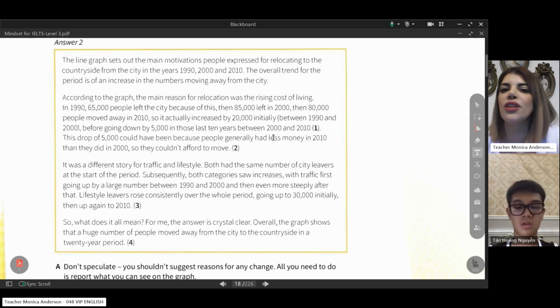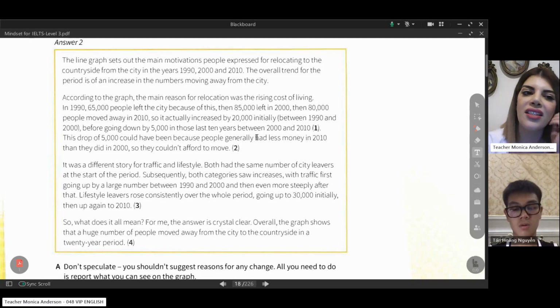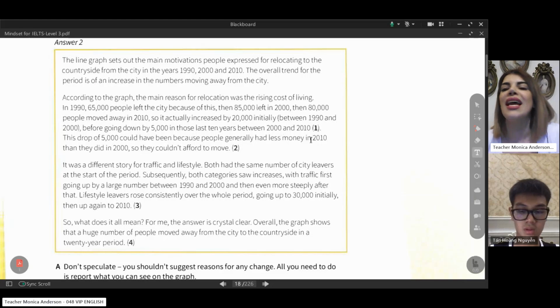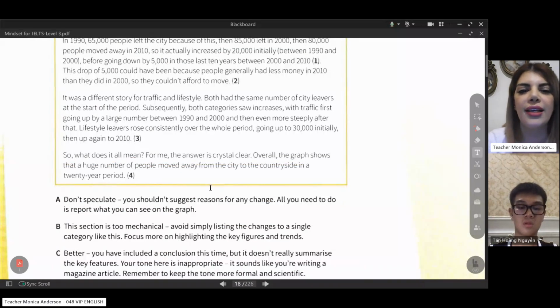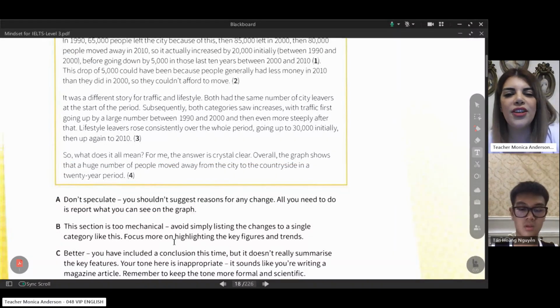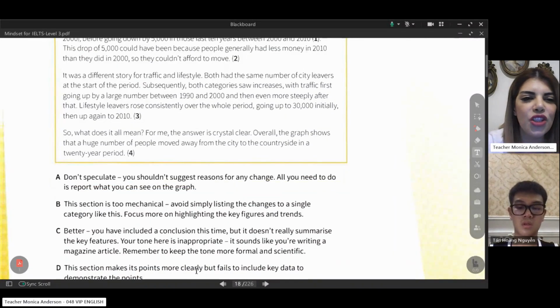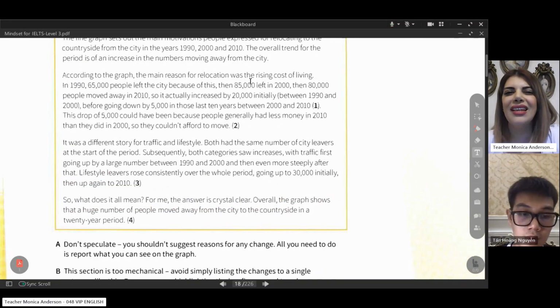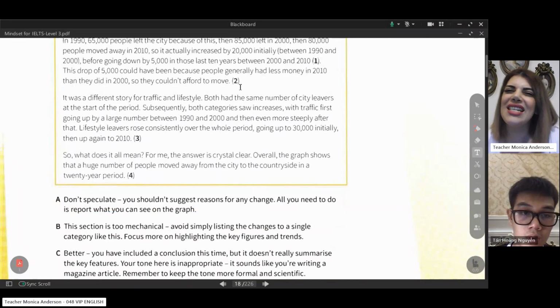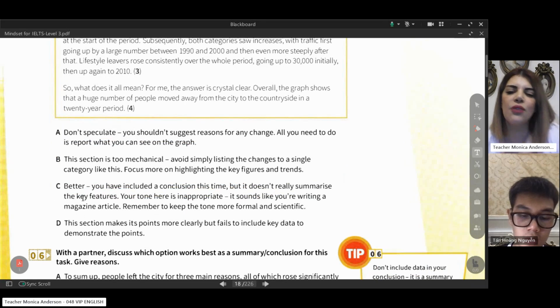So it increased by 20,000 initially between 1990 and 2000, then went down by 5,000 in those last 10 years between 2000 and 2010. So which one can this be matched to? What is the problem with this part? What can you see that you think is better changed a bit? A, B, C or D?